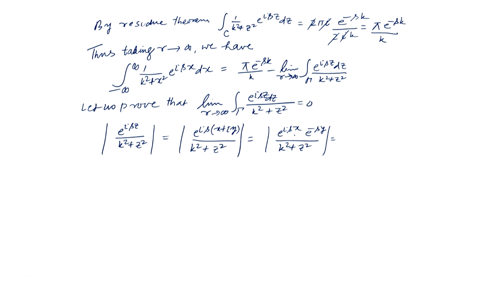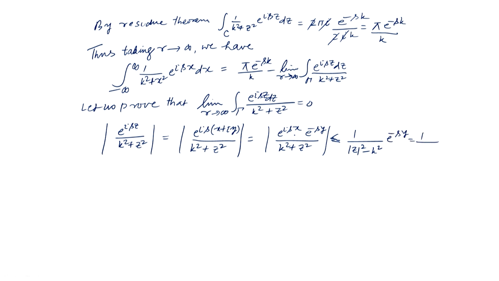The modulus of e to the power isx is equal to 1, and e to the power minus sy is greater than 0, so it will not be affected by the modulus. Then this is less than or equal to 1 over the modulus of z squared minus k squared into e to the power minus sy.